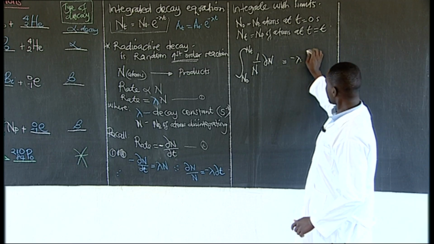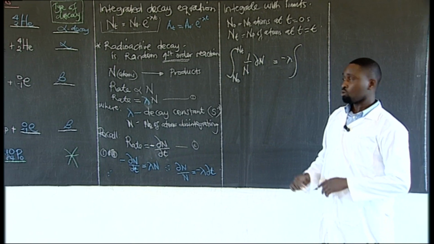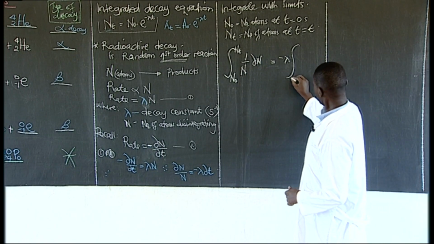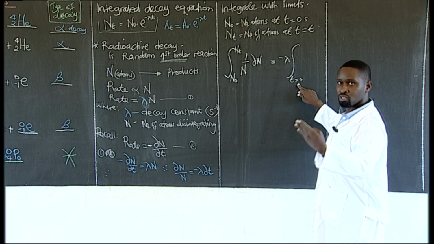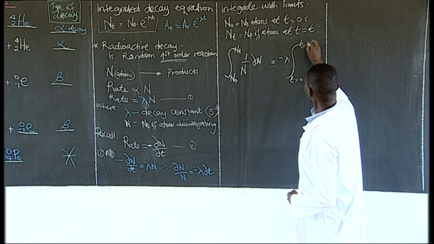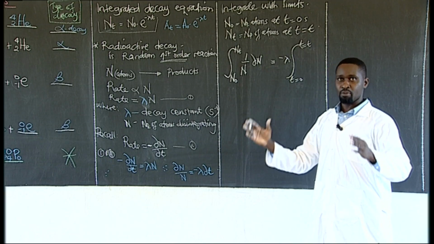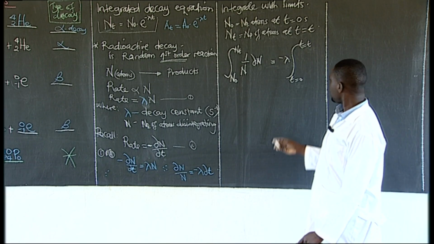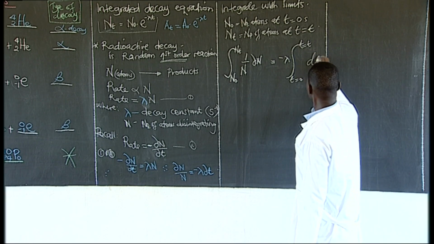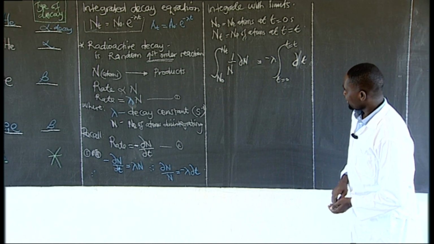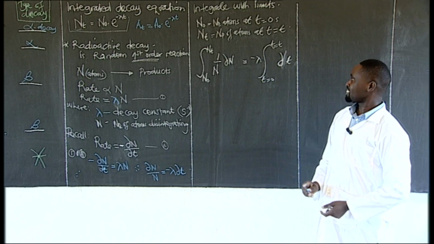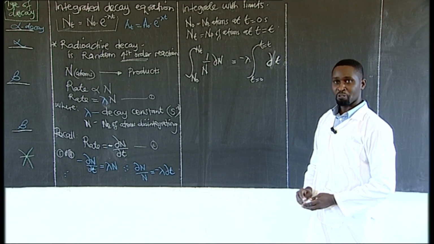This is a constant, so we don't put it in the integral sign. From time equaling 0, when the disintegration has started, to time t, any time during the disintegration, with change in time, delta t. So we have this integration equation.